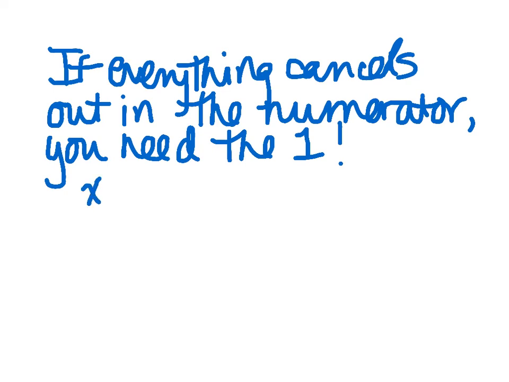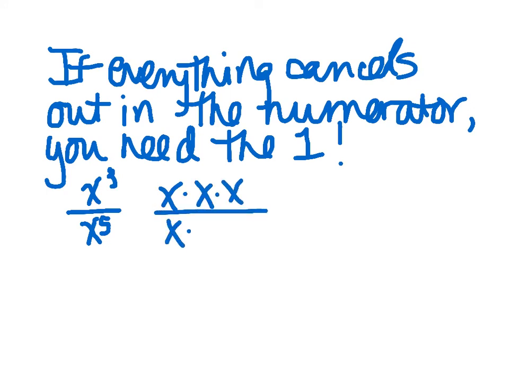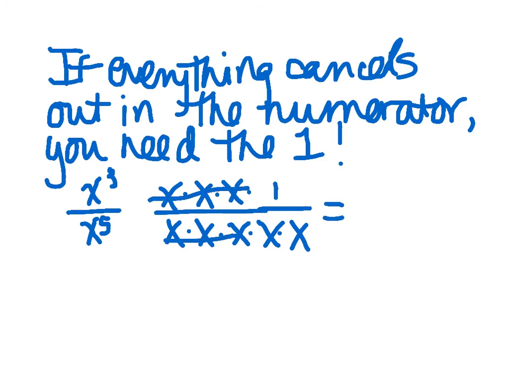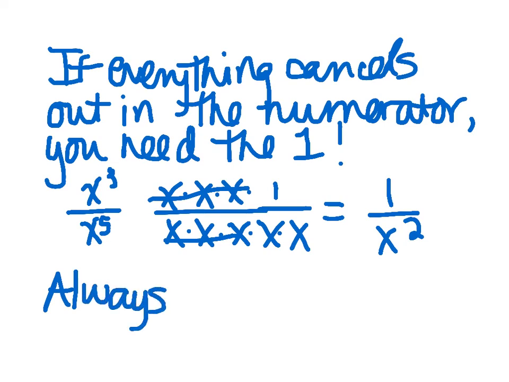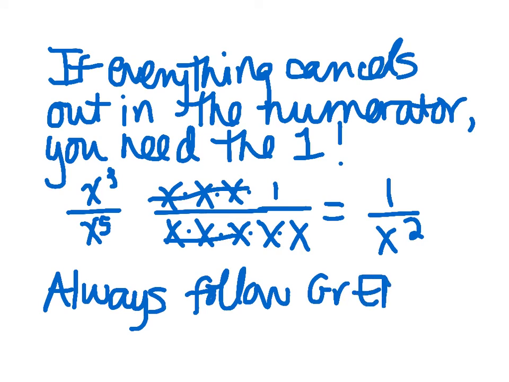Okay, in other words, if I say x to the third over x to the fifth, that's x times x times x over x times x times x times x times x. Remember, this was all times 1. That doesn't change it. These three cancel out and it equals 1 over x squared. And the other thing that you just need to keep in mind is always follow GEMDAS, which means exponents first.